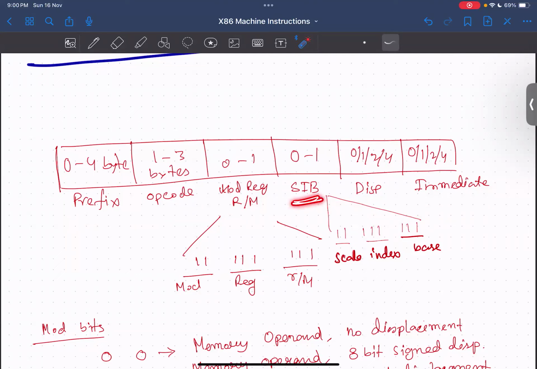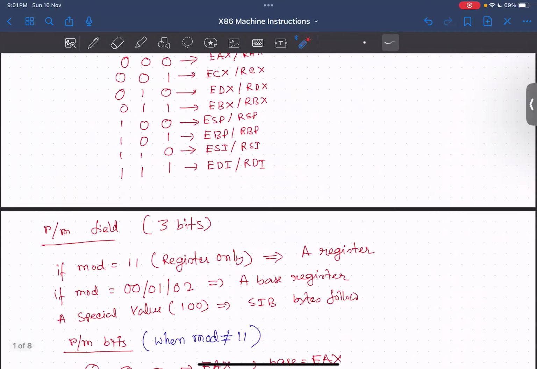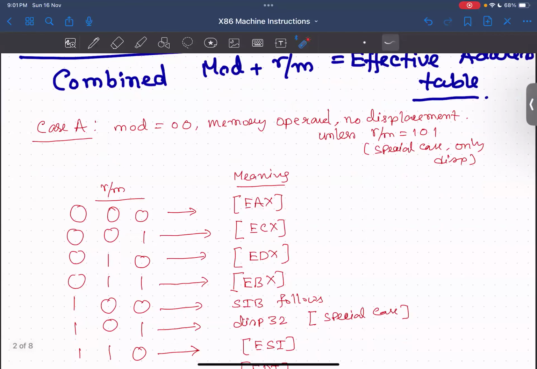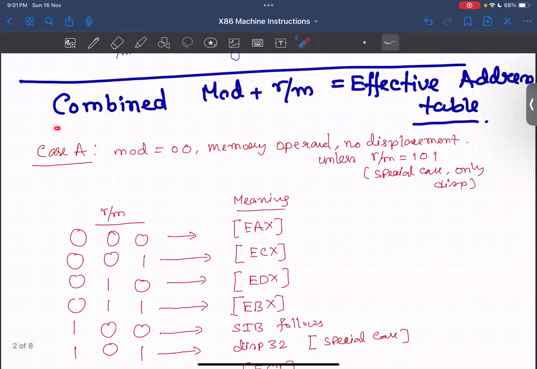Then we'll move to the SIB byte. For displacement and immediate, those are absolute hexadecimal values, so there is nothing much complicated there. So now let's combine these mod bits and RM bits, and look at the effective address table at a single glance.